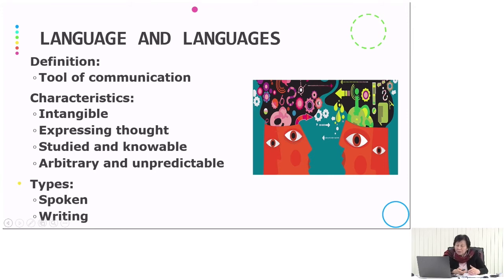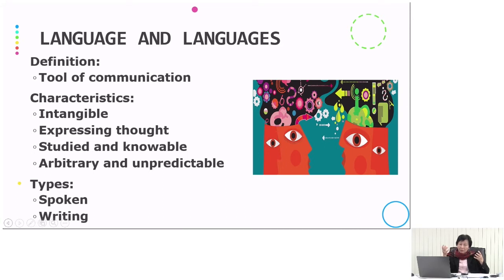is language can be spoken, or we call spoken language, or writing language. Okay, but you can have some other languages as well. For example, for the disabled one, we can use the body language, right?